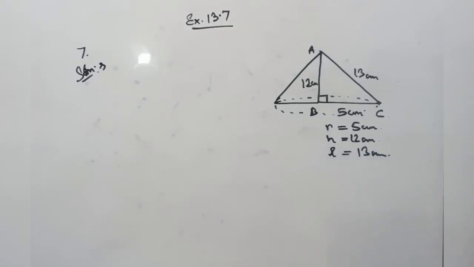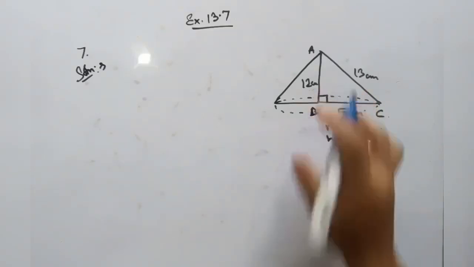So the solid so formed is a right circular cone, and we have to find the volume of this cone.